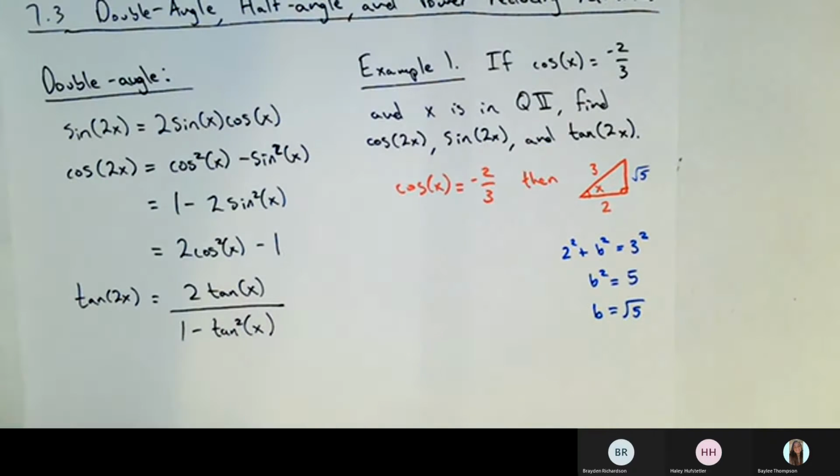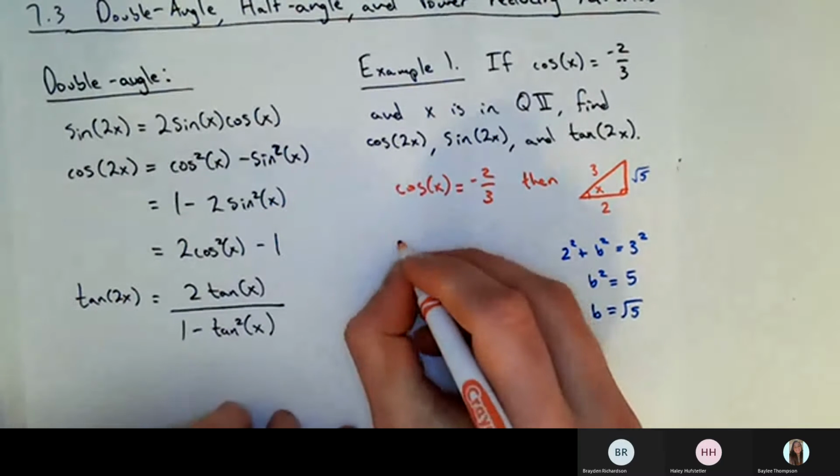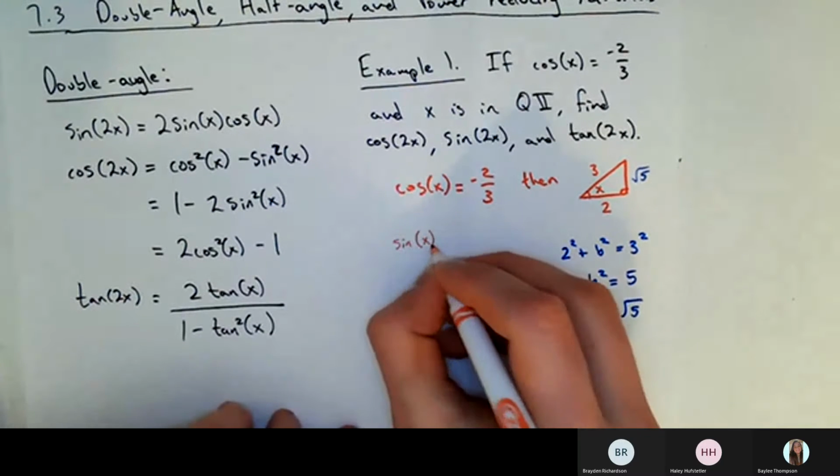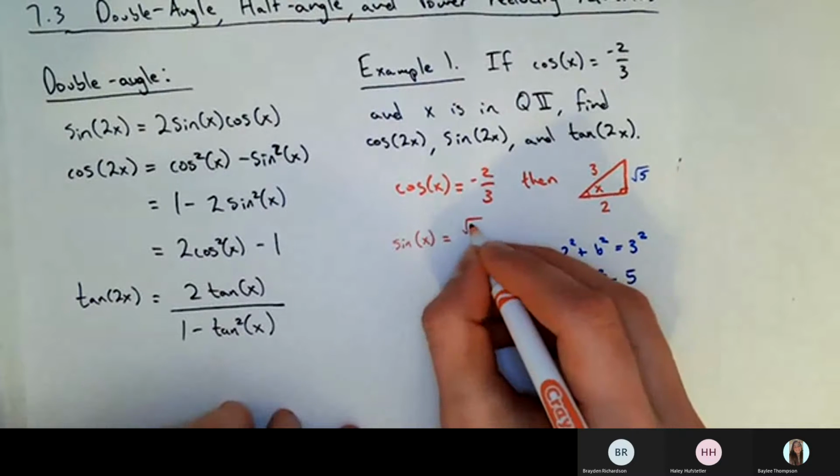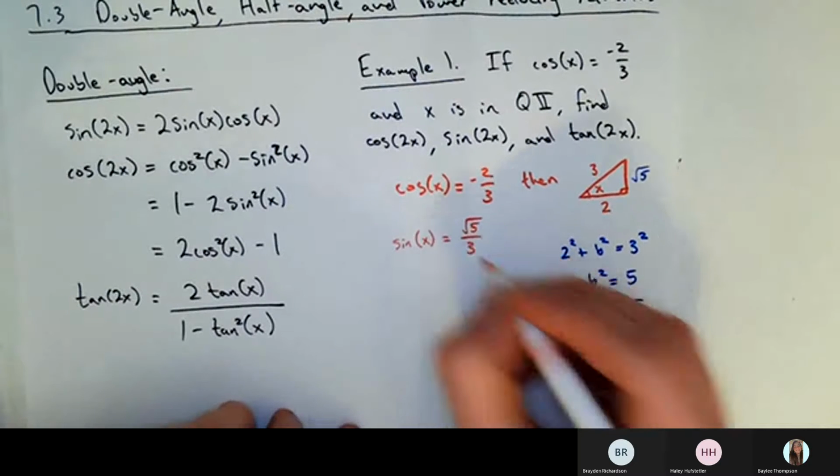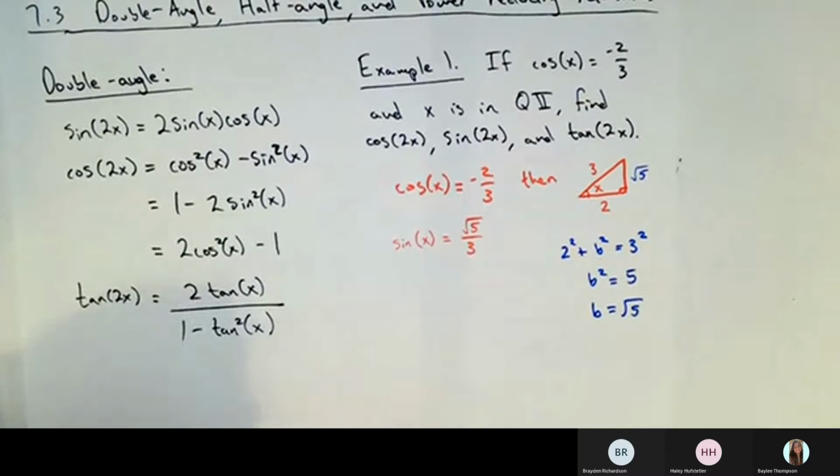So now I can say sine of x is equal to square root of 5/3, opposite over hypotenuse. And should it be positive or negative? Well, it should be negative. Wait, where's quadrant 2? It should be positive.